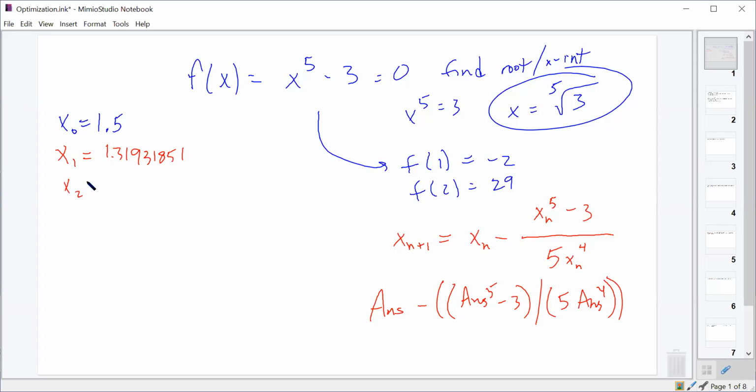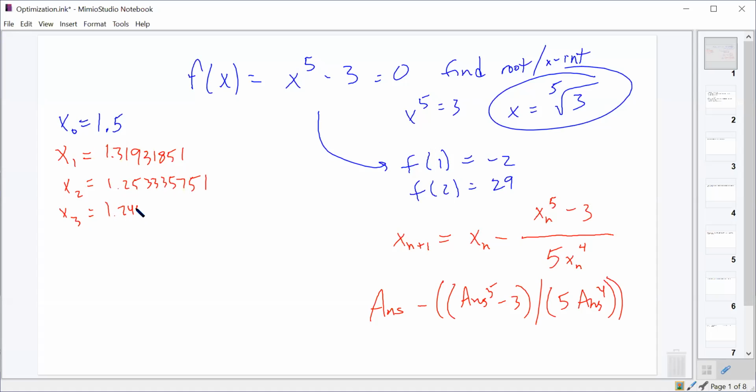What about x sub 2? 1.2533335. Only 6 decimals? 751. Okay. And the next one? 1.245822 6. Yep. 668. Okay.